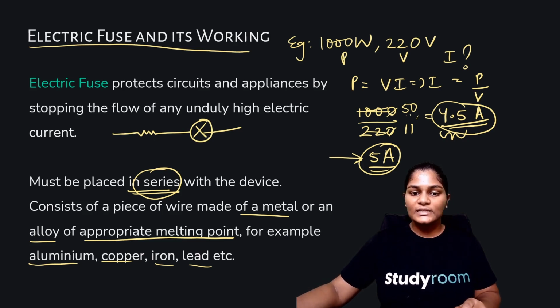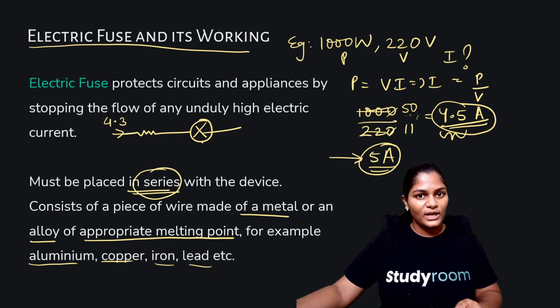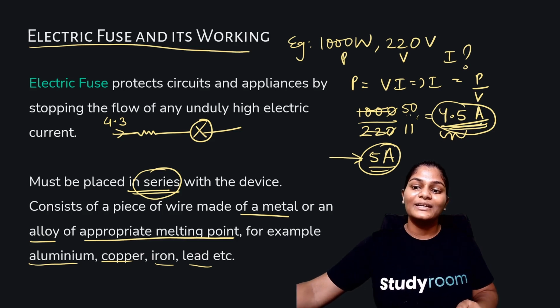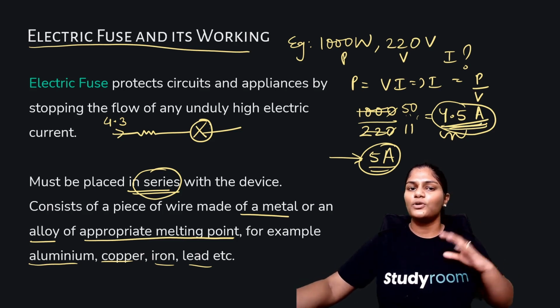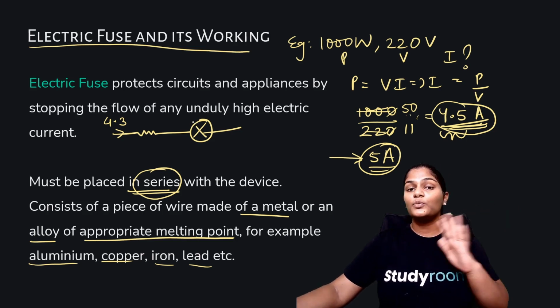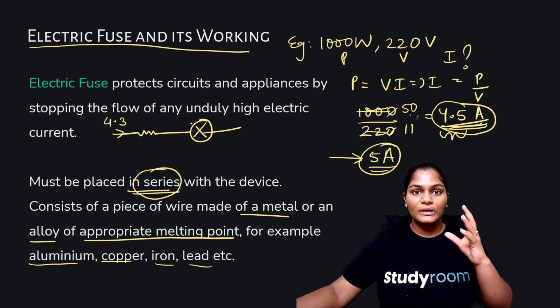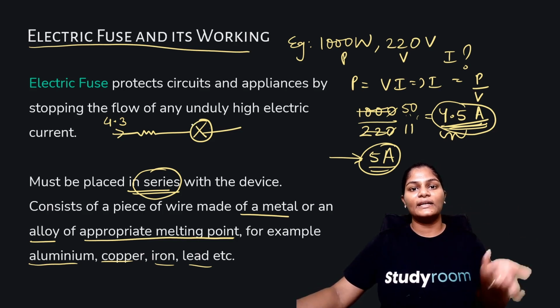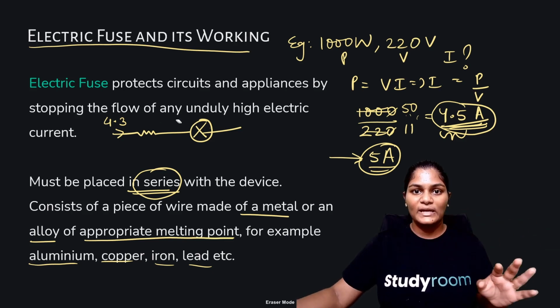Let's say this is the electric iron that I took as an example. Say a current of 4.3 amperes is coming. Would it affect my iron? It won't, right? Because my iron needs at least 4.5 amperes. So 4.3 ampere current will not affect or damage my electric iron.